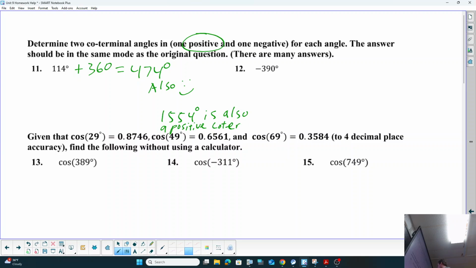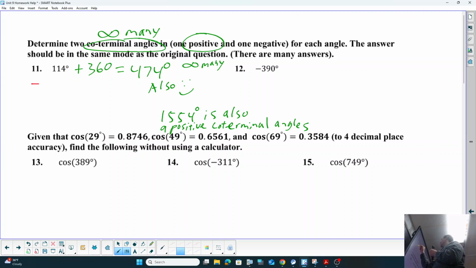There are infinitely many positive and negative coterminal angles. Cool. Okay, so how do we find a negative coterminal angle?